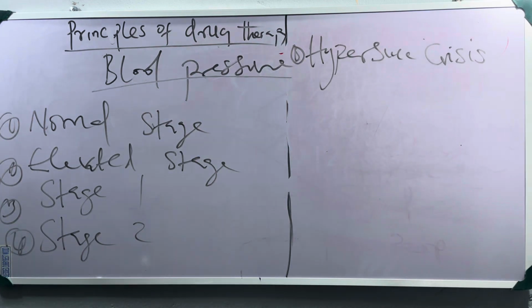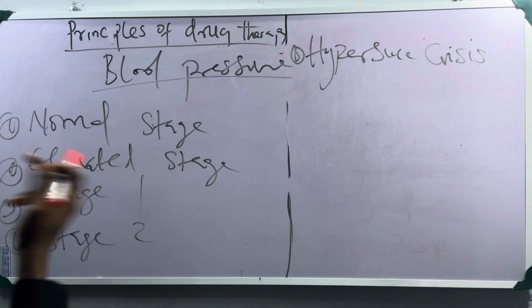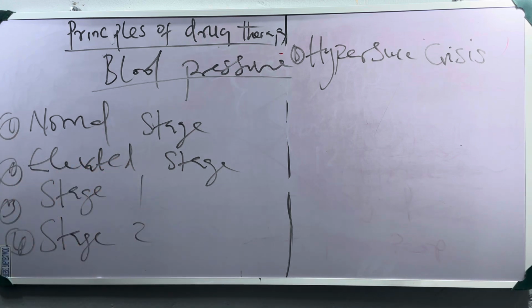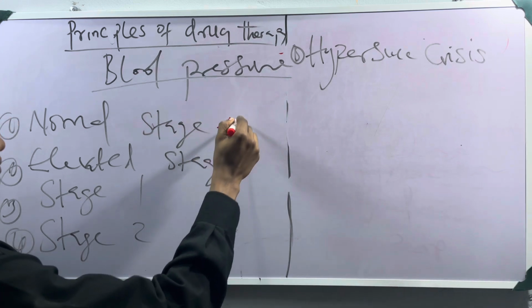So these 5 stages, what do they tell us? When you take somebody's blood pressure reading, the stage will tell you what to do. For instance, for a blood pressure to be normal, it should be less than 120.